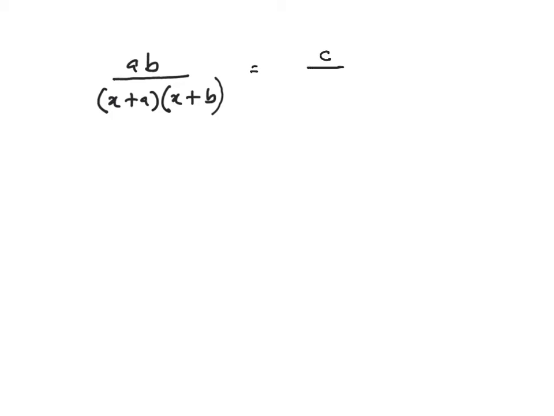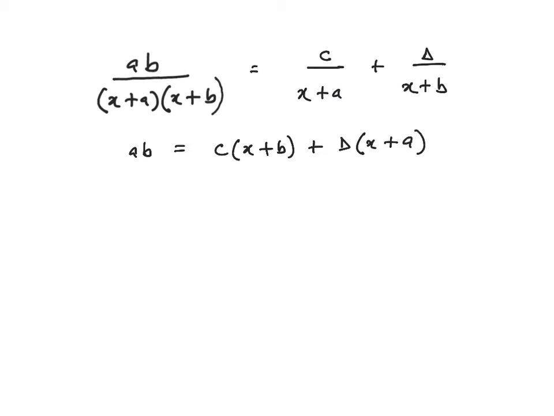So let's have C over x plus a plus D over x plus b, and equating numerators, same idea as before, so we'll have x equaling minus a, so that's going to be b minus a lots of C, and C then equals ab over b minus a.